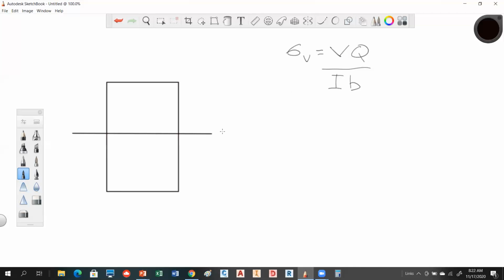And this is your height of your beam, and this is your base of your beam.